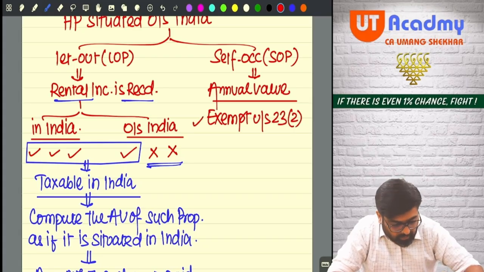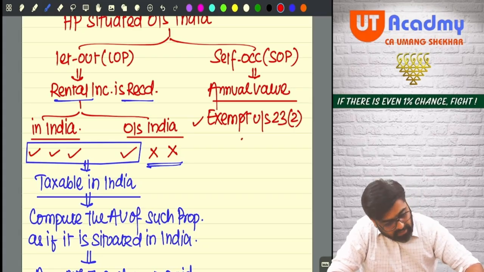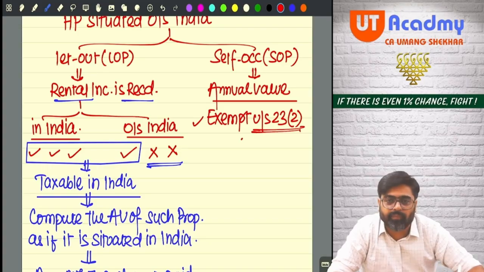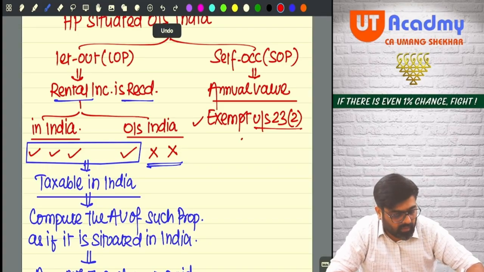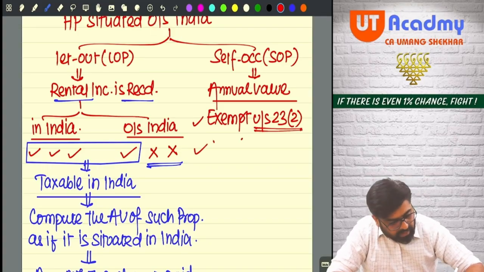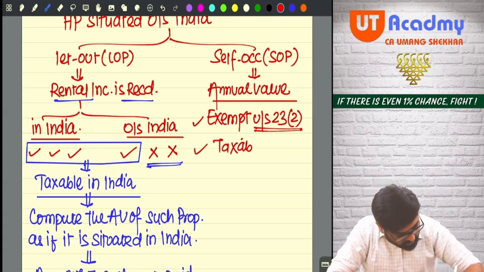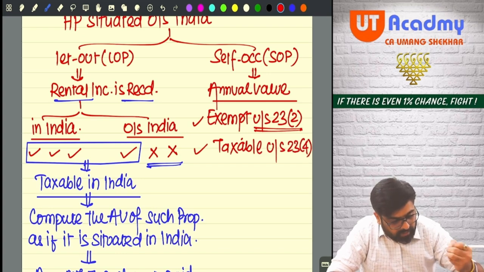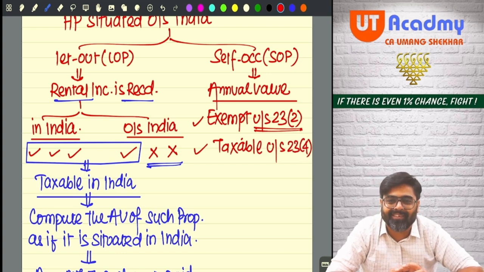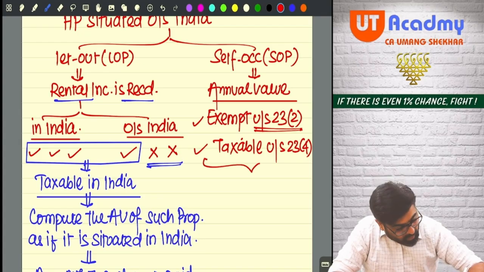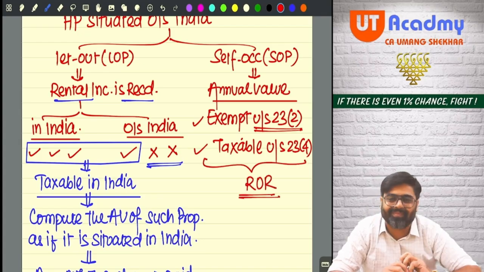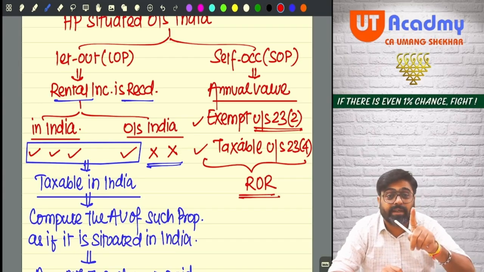It can be exempt by treating the property as SOP. And it can also be taxable by treating the property as DLOP under section 23(4). But this will happen only in the case of ROR, if your status is ROR.